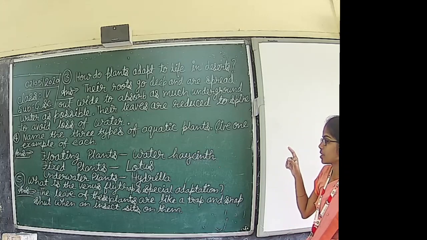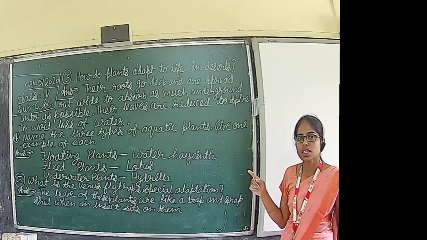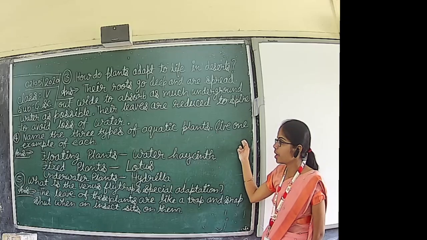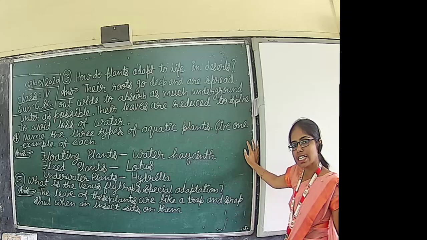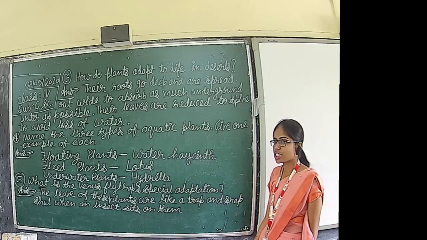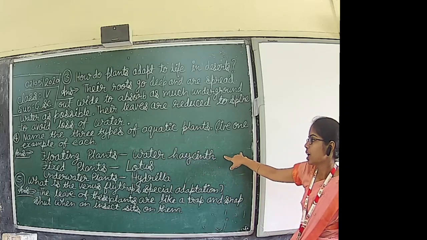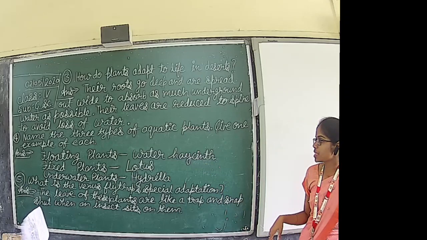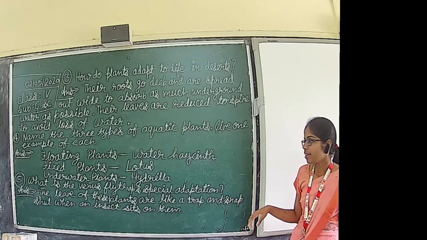Their leaves are reduced to spine to avoid loss of water. Then the next question, name the 3 types of aquatic plants. Give one example of it. We have written all the 3 categories and then the example. Floating plants, example is water hyacinth. Then the fixed plants, example is lotus. And the last category is underwater plants, hydrilla.